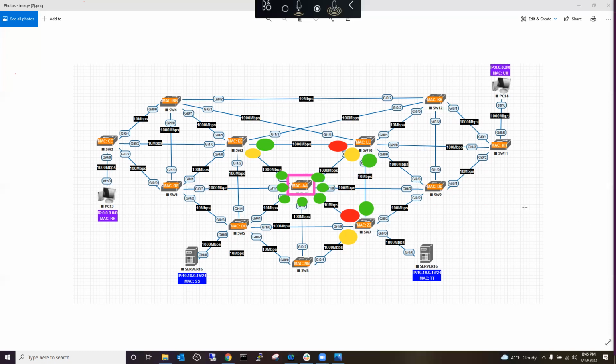You already got your root port, and the only thing left is that designated port. So that's your reason you're going to make it a designated port.